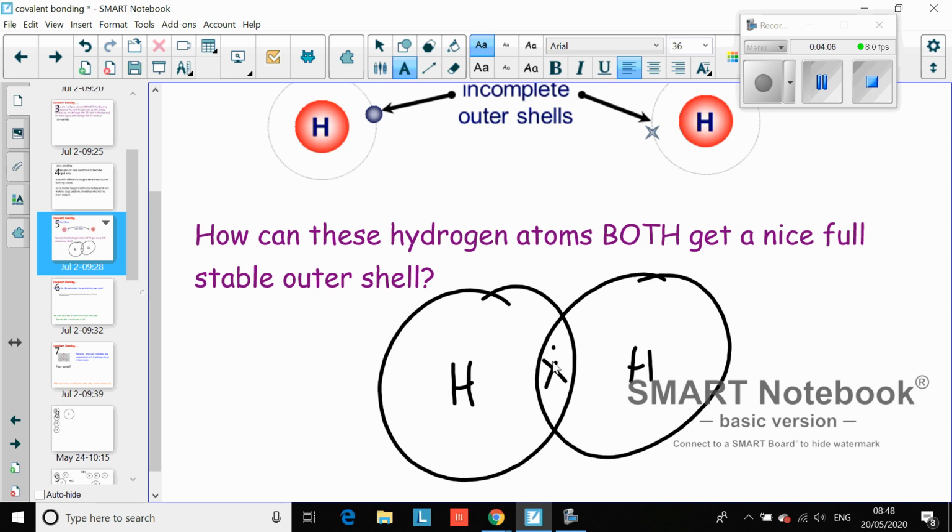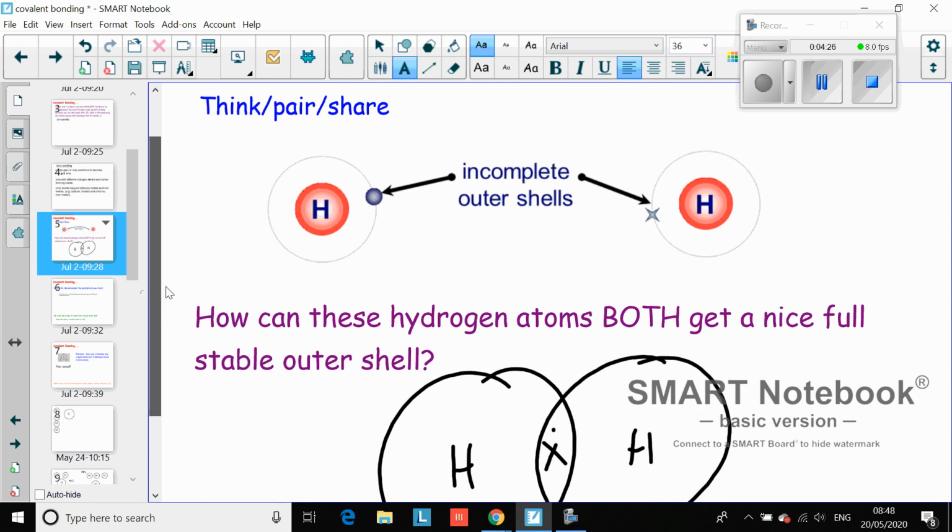It's got 1, 2, the dot and the cross. So it's got a complete outer shell. This hydrogen atom, its outer shell, also we can say has 1 and 2. So what they do is they cooperate. They come up with this method of sharing their electrons so that they can have a full outer shell. It's a very neat way of chemistry working.